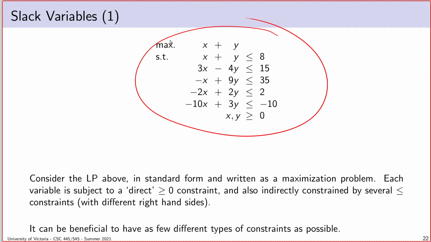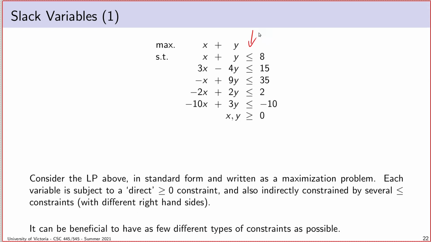What I want to do is get rid of all of the inequalities, except, I guess, these ones. So maybe we can appreciate why standard form might help us if we're writing algorithms to solve LPs. Because by using standard form, we no longer need special cases for things like the greater than or equal to sign or the equal sign. Because we know that if you put the LP in standard form, all I'm ever going to see is a less than or equal to sign, except of course that I'm constraining all my variables to be non-negative.